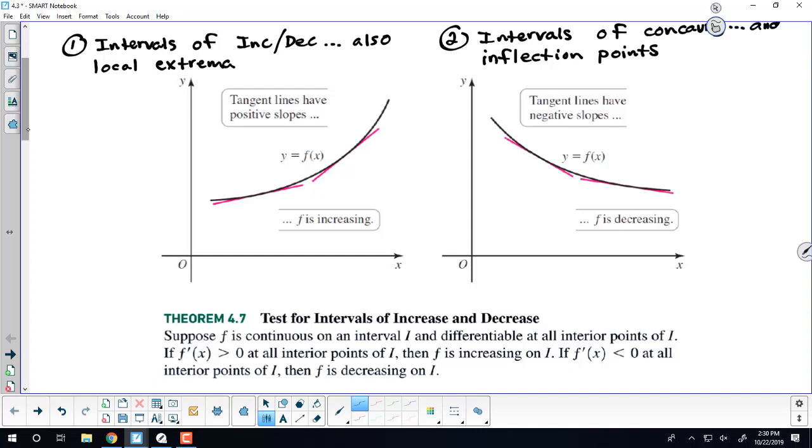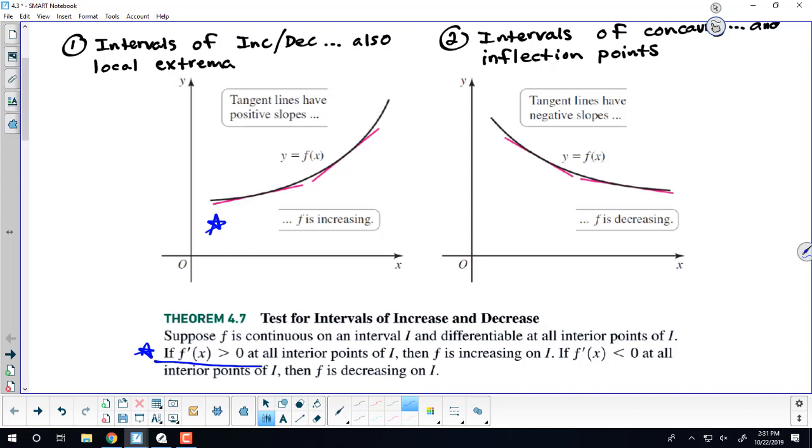if f prime is larger than 0, in other words, if f prime is positive, or if the slopes of the tangent line are positive, so this one is for this one. If the slopes of the tangent line are positive in an interval, then that has to mean the original function is increasing.